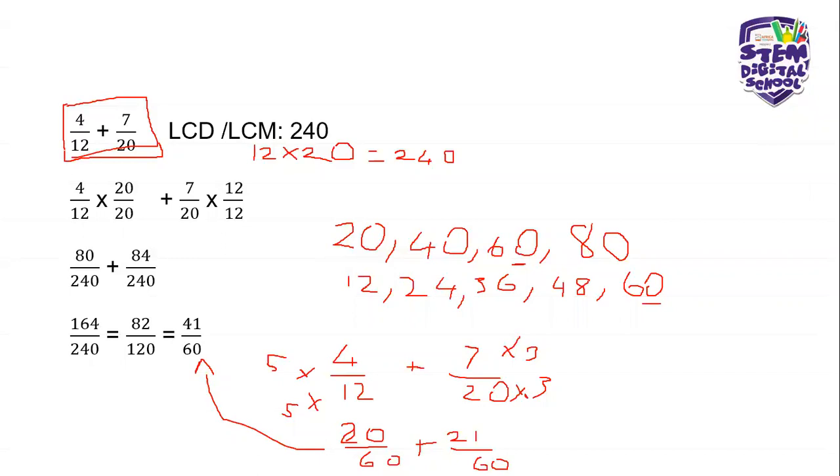I'm not sure, sir. All right, we change the denominators so we can quickly add or subtract the fractions. The reason is that the denominators have to be the same in order for us to add and subtract.